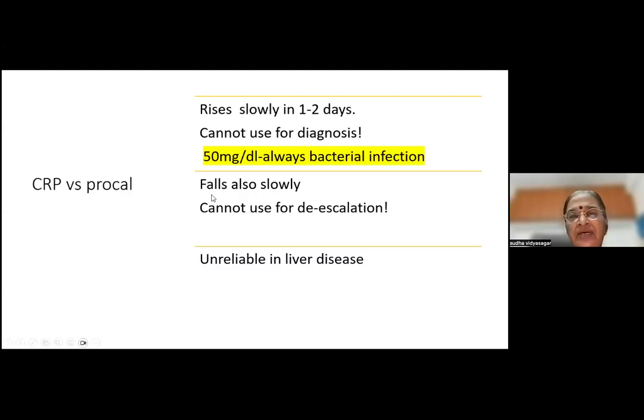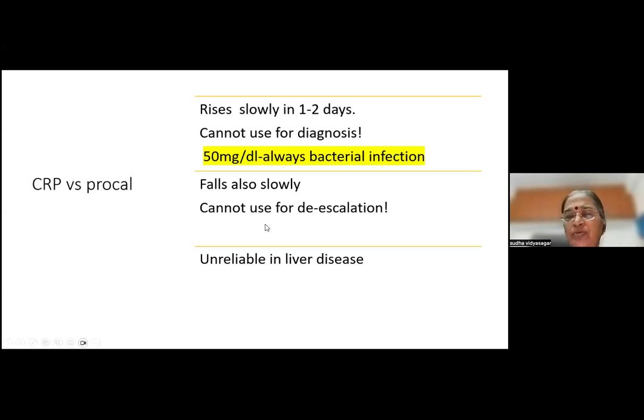The other thing is the CRP rises in 1 to 2 days, and you cannot use it for an early diagnosis, because it is going to take time to go up. More than 50 is probably always bacterial infection. So the height of the CRP does tell you the presence of bacterial infection. The fall also occurs slowly, so you can't use it for de-escalation, because the procal rises and falls faster.